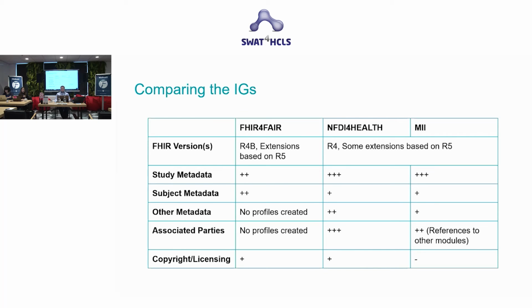So you have really this subject variable level information. Other metadata is not really addressed by FHIR4FAIR. I mean, besides maybe the fact that you can still define some related artifacts, for example, documents or publications that are related to your study or to the subjects. And FHIR4 and the MII both also focus on documents to be referred.